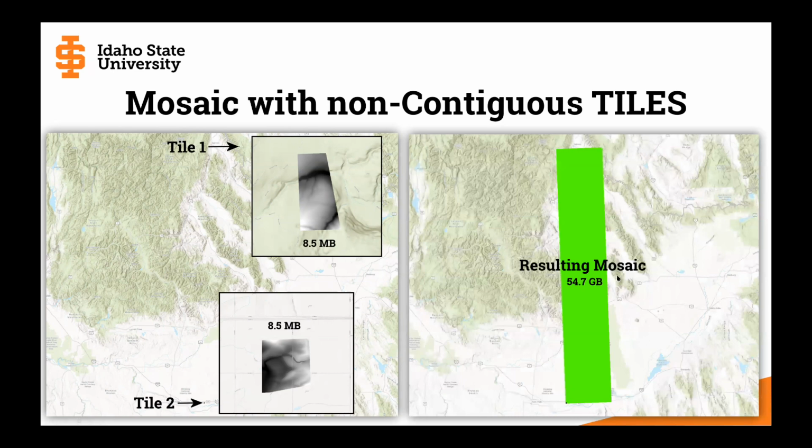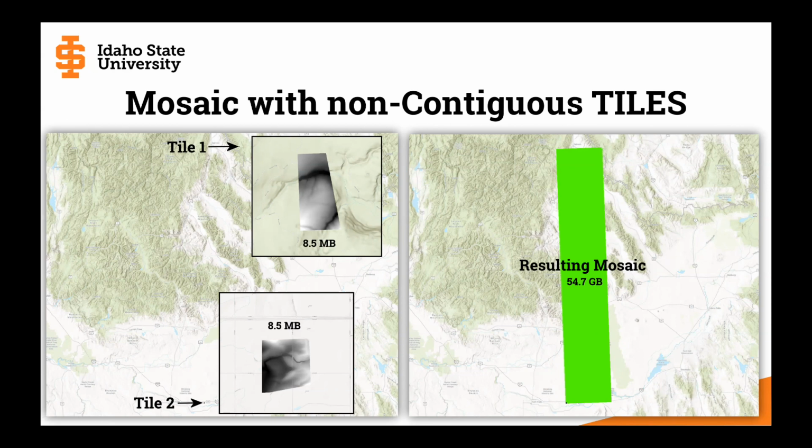There's my resulting mosaic, and I have one TIFF tile here. That's data. Everything here, this is all data right there. All this green stuff, no data, but it's all pixels, and it's all taking up space. Now, my TIFF file is 55 gigabytes in size compared to 16 megabytes in size.